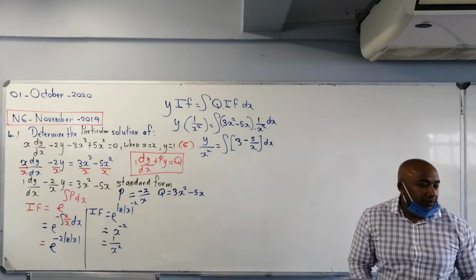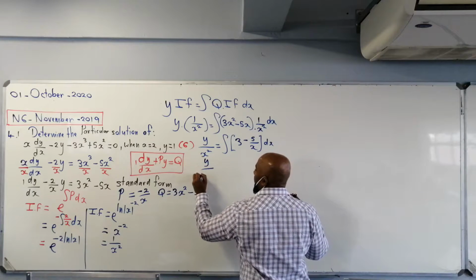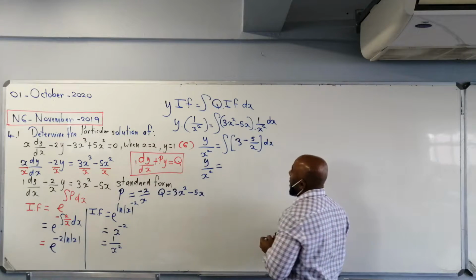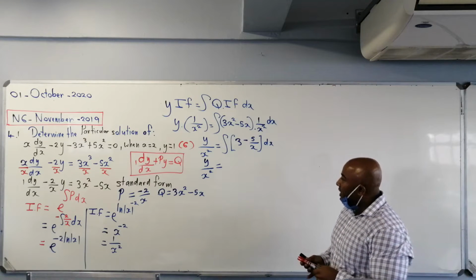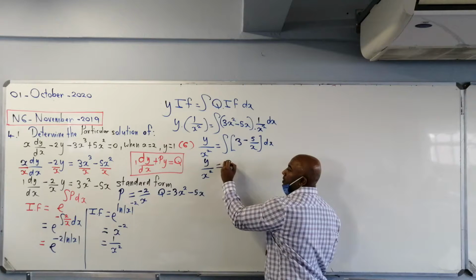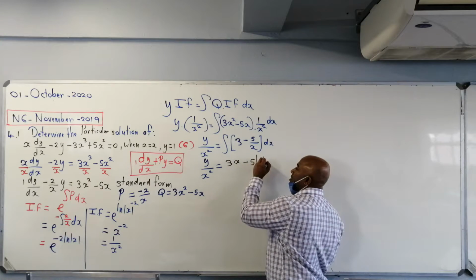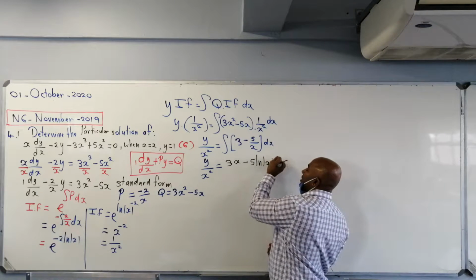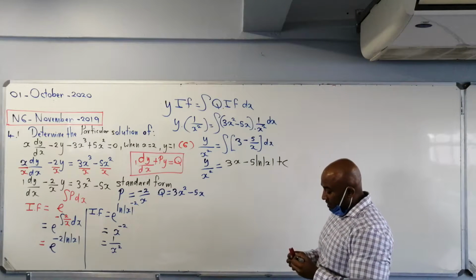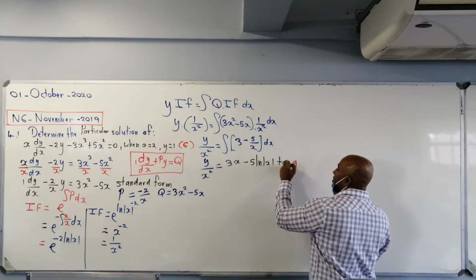And now we can integrate. So when we integrate the right hand side with respect to x, this will be 3x minus 5 ln absolute value of x plus c. So at the moment, this is called the general solution.